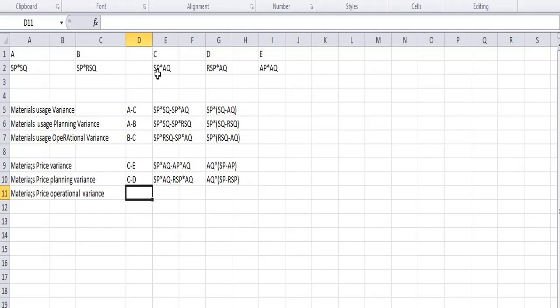And again for the material price operational variance, if we subtract D minus E, we get RSP into AQ minus AP into AQ. AQ is common, we will take it out, and the remaining will be RSP minus AP. This is our material price operational variance.